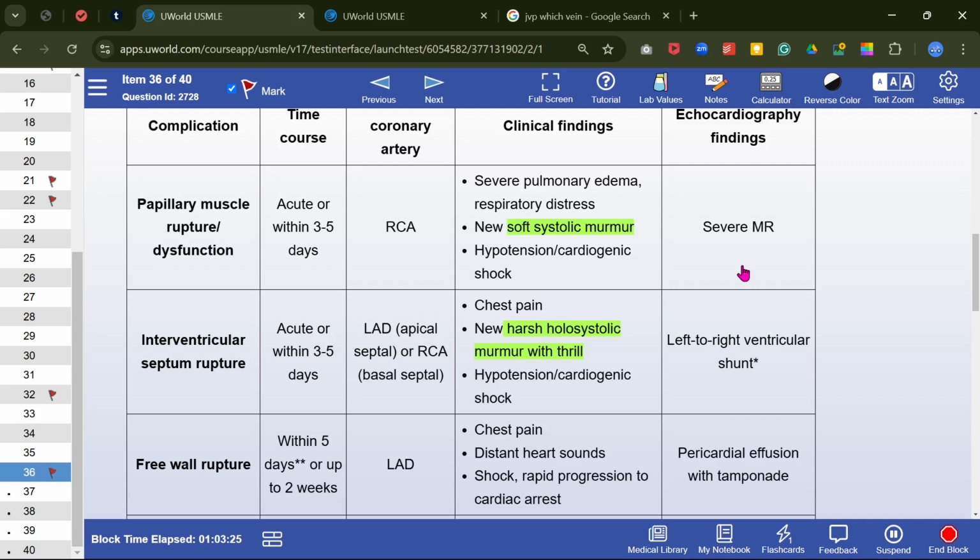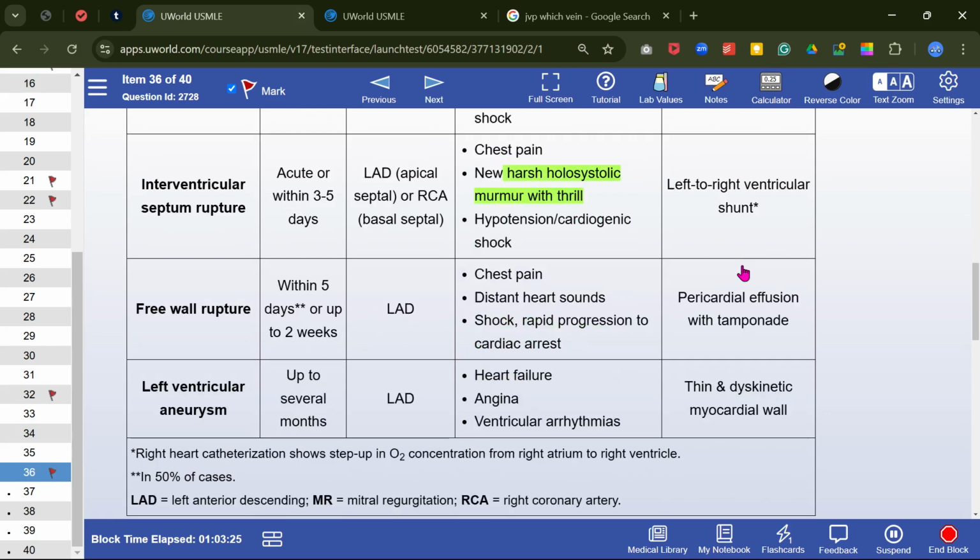Okay, you can differentiate. And free wall rupture always comes with tamponade, like hypotension, distended neck veins, distant heart sounds, and left ventricular aneurysm comes with features of ventricular arrhythmia or heart failure. Got it? This box is very vital. That's why I have discussed so much.